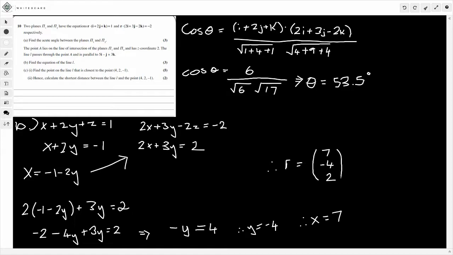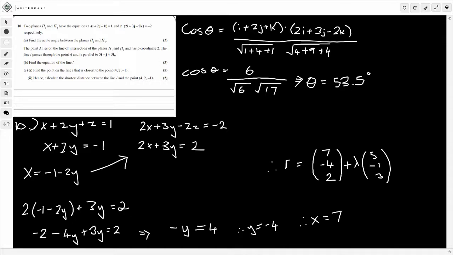And we add a lambda on here, which is just a multiple of the parallel vector, so it's parallel to this. So that's 5, as a column vector, minus 1 and 3. And this column vector here, 7, minus 4, 2, comes from the fact that we know x is 7, y is minus 4, and the z coordinate is 2.